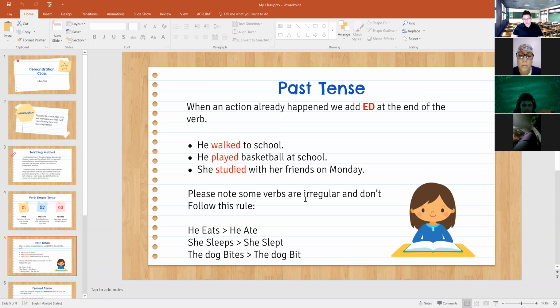Also, please note that there are irregular verbs. And those are verbs that don't follow these rules. And they can change completely. For example, eat is the present, and the past is he ate. See how it's different? And sleep becomes slept. And bite becomes bit.